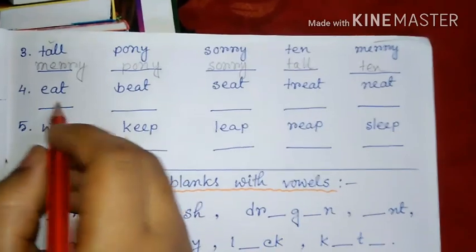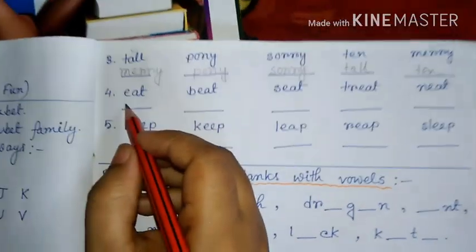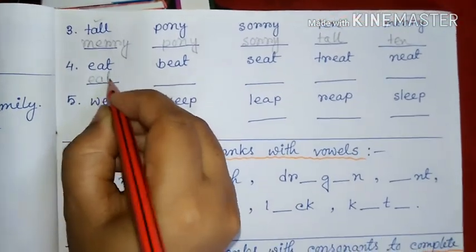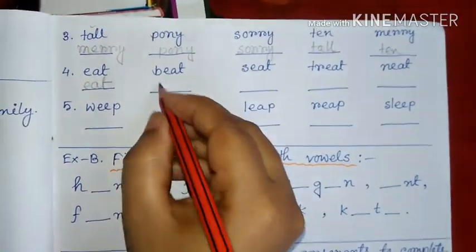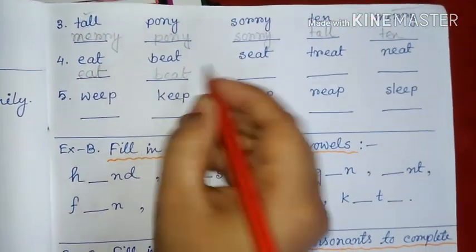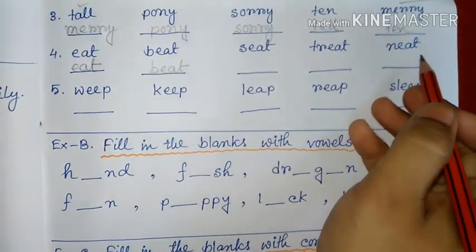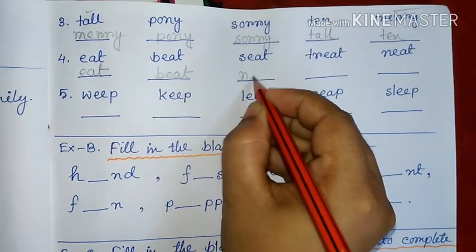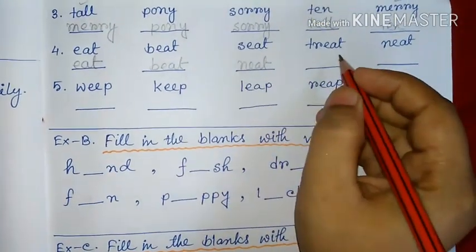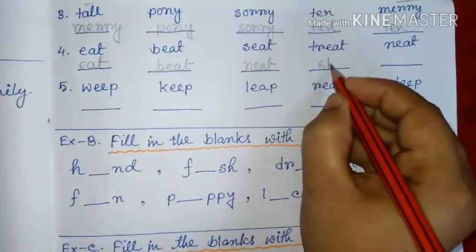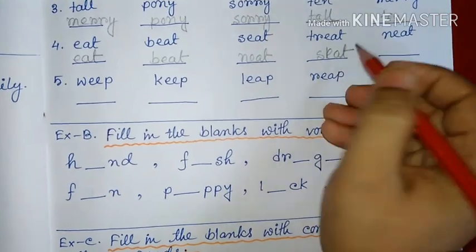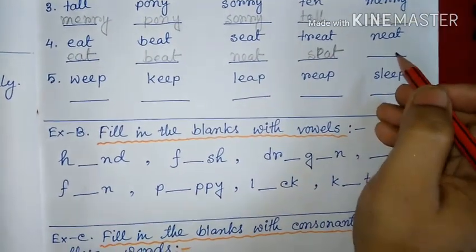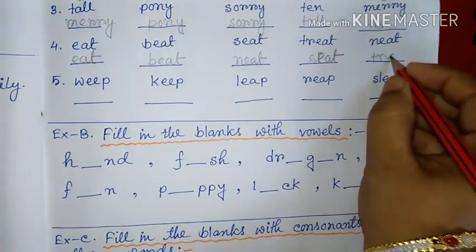So like this way, the question number 4's answers are eat, then beat, then neat, then sit, then treat.